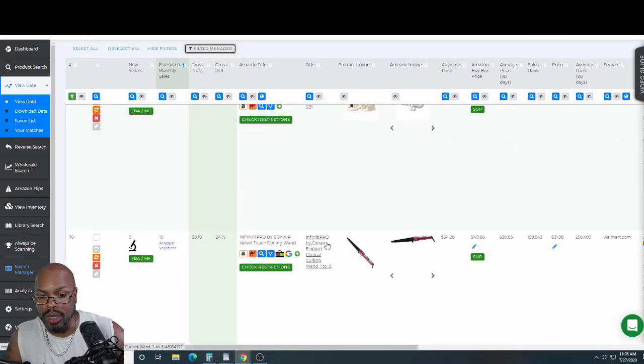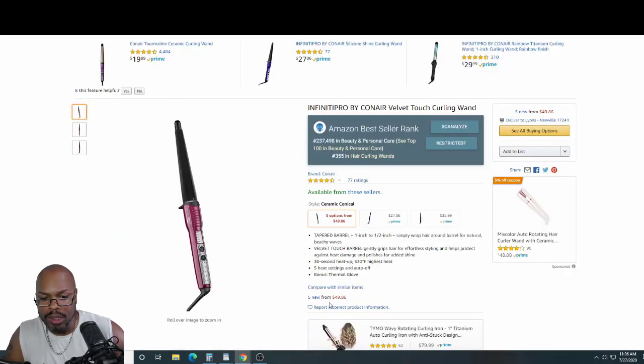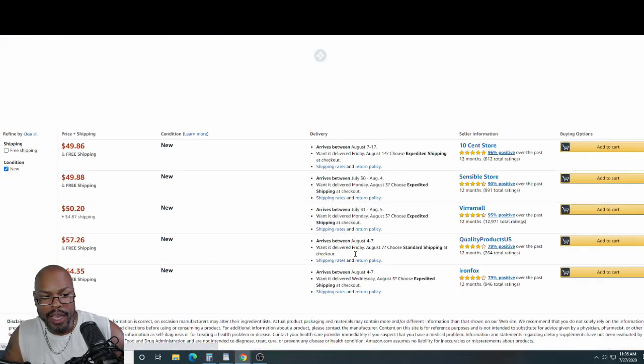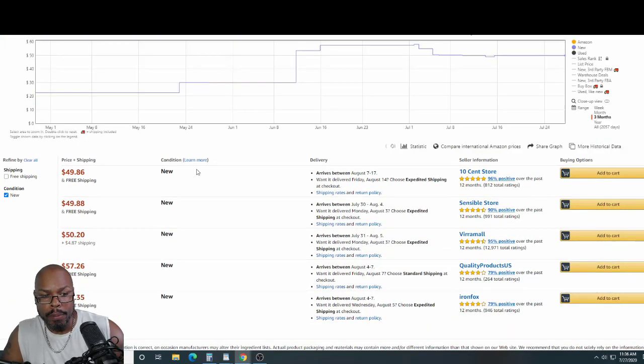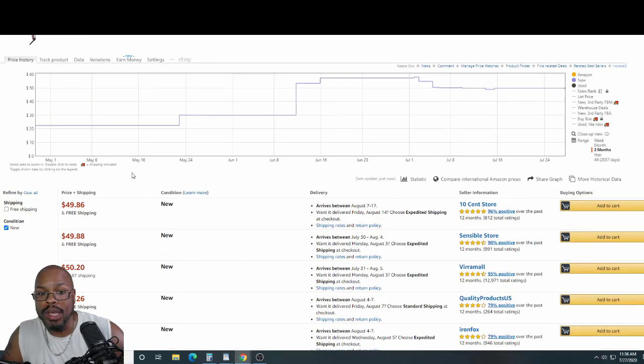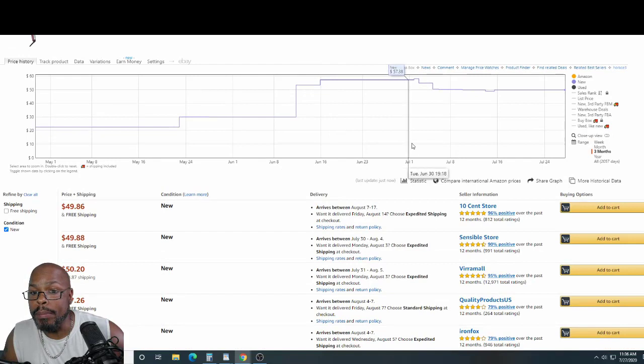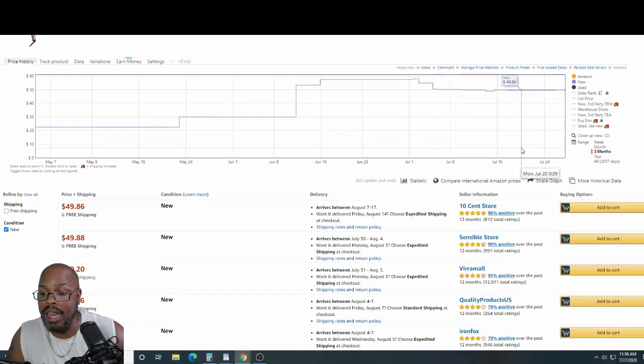If you use your links that are contained, they will take you right to the product, and we can do it the same way you did it manually from there. What you'd want to do is look at your competition, and right away you can see there are no FBA sellers. Amazon has not been on this. So if you're the type of person that doesn't like to be on a listing with Amazon, you'd like this.